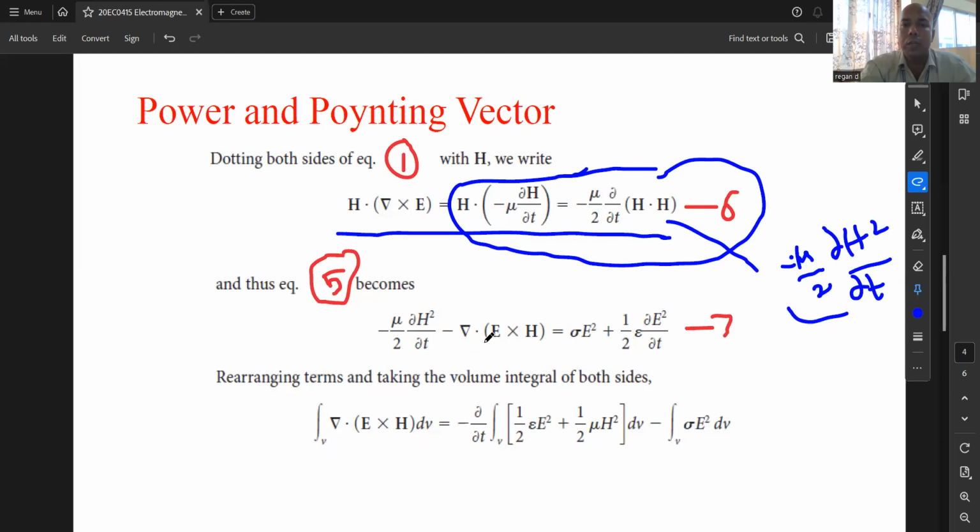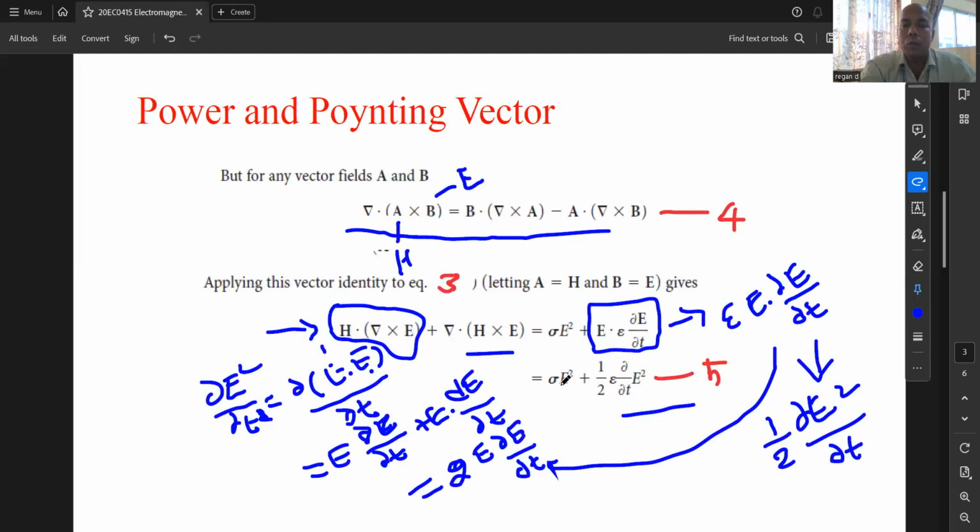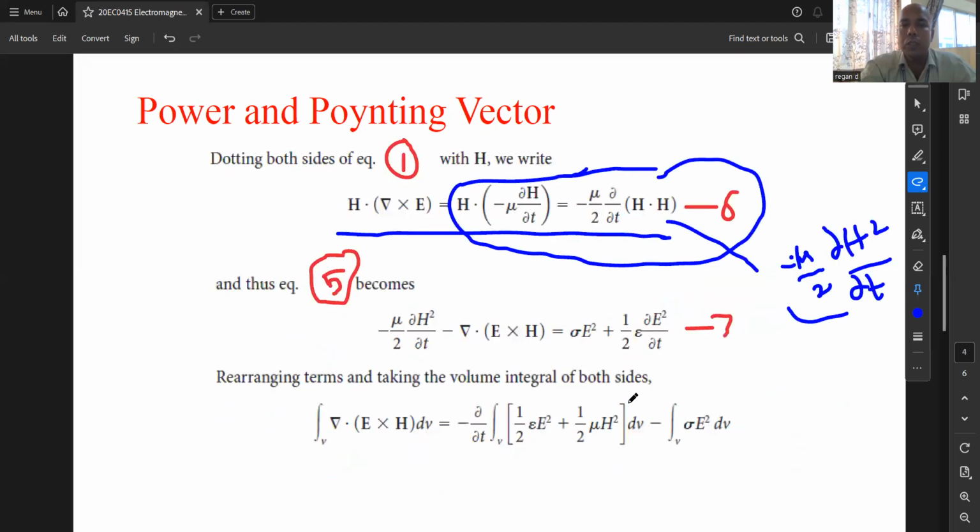So minus del dot E cross H is equal to sigma E square plus 1 by 2 epsilon dou E square by dou T. So this is equation 7.